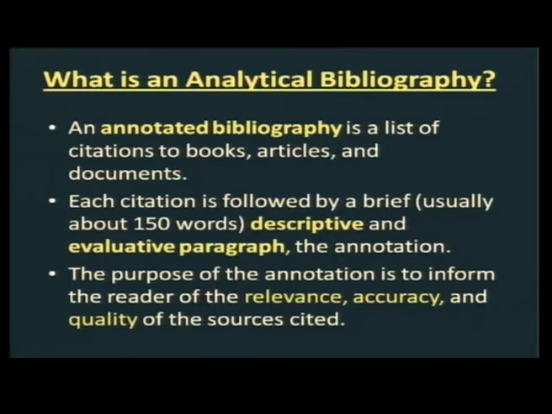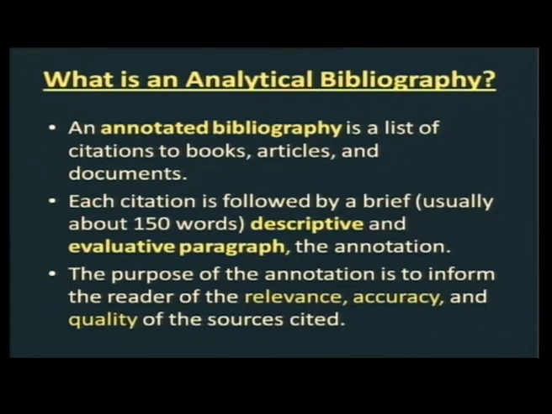An annotated bibliography is a list of citations to books, articles and documents. Each citation is followed by a brief, usually about 150 words, descriptive and evaluative paragraph. That is an annotation. The purpose of the annotation is to inform the reader of the relevance, accuracy and quality of the sources cited.